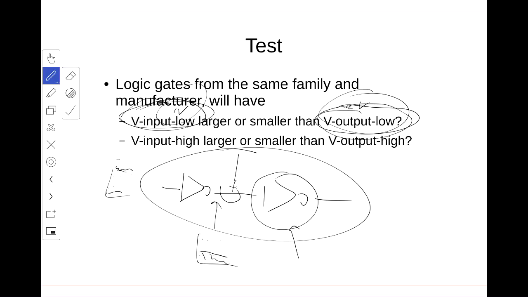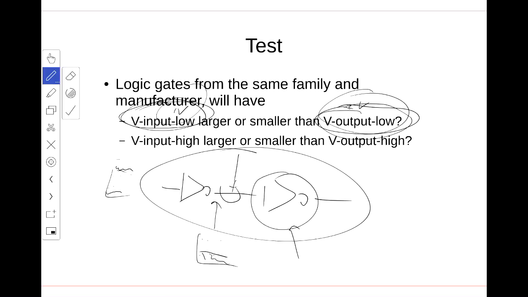The greater the difference, the greater the robustness to noise, meaning the more noise you can add between these two gates and the design will still work. This is a very important concept. I don't think it's difficult once you've caught on.